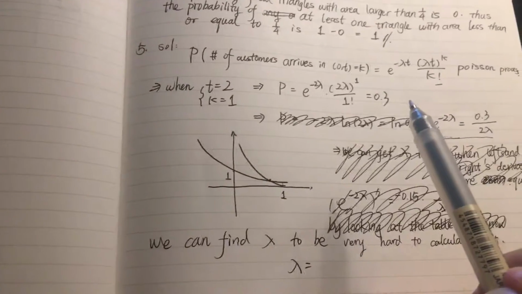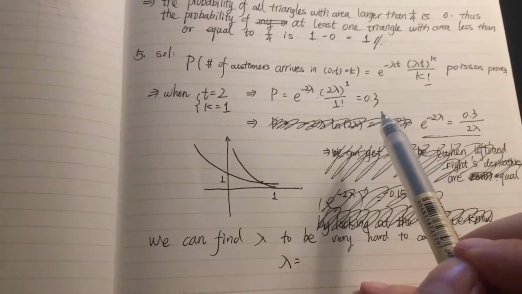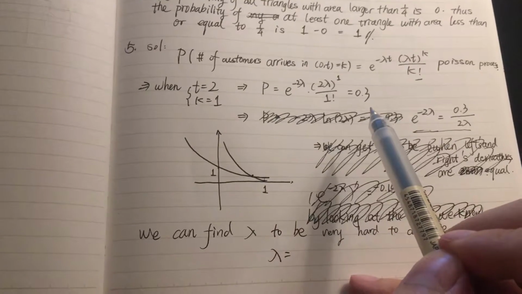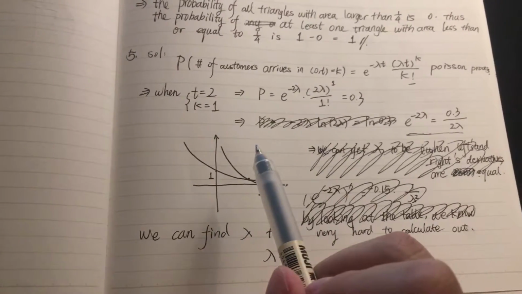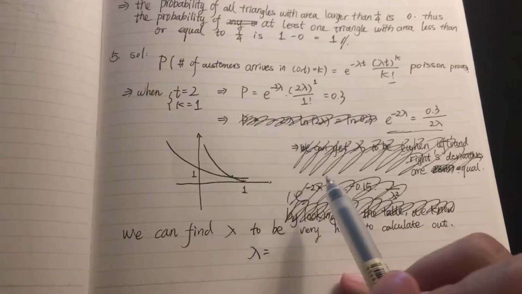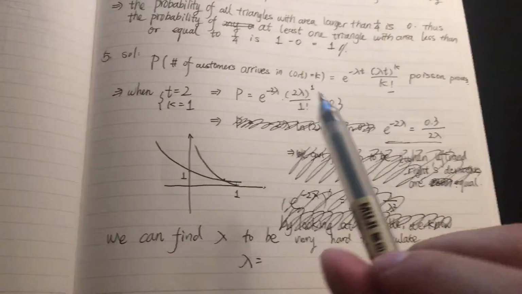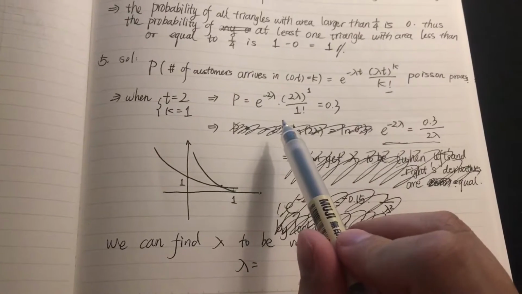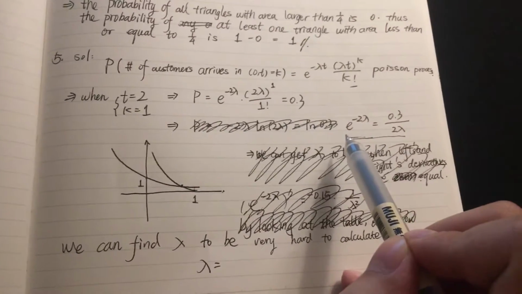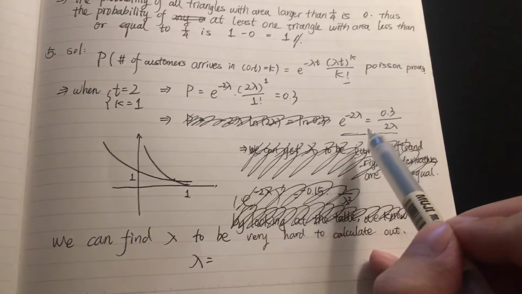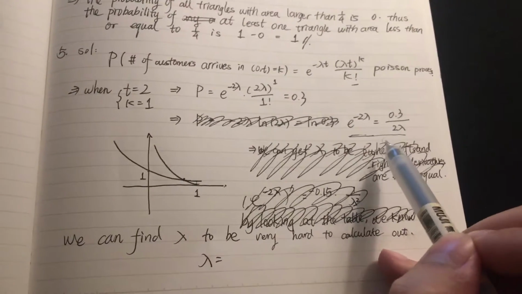Given this condition, the first question asks us to find the value of lambda. If we do it this way, from the first point of view, we just need to rewrite this probability equation as e to the degree of minus 2 lambda equals 0.3 divided by 2 lambda.